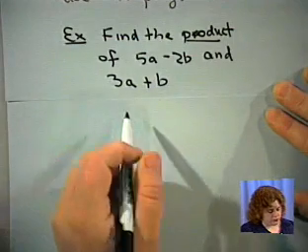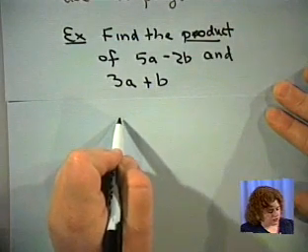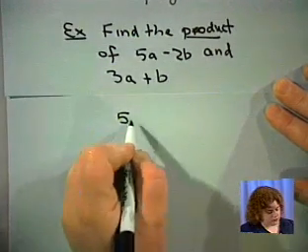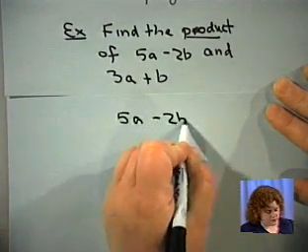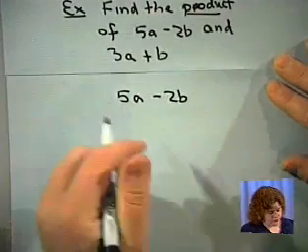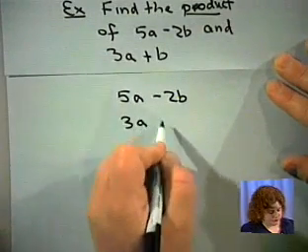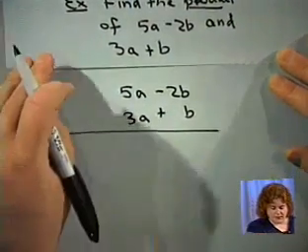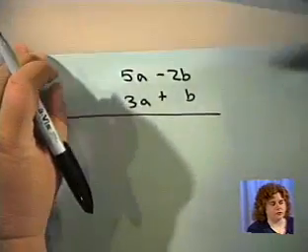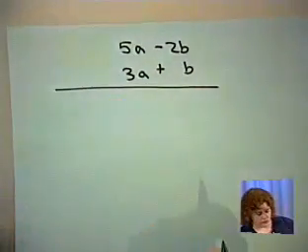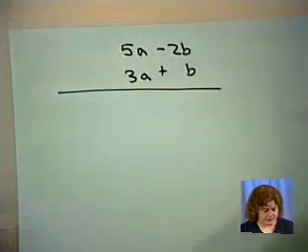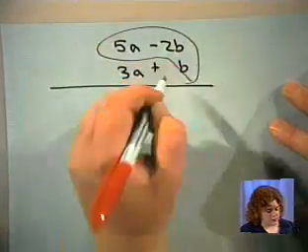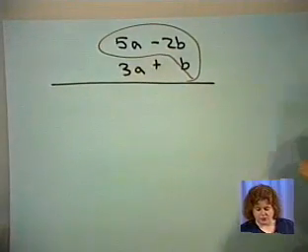Vertically, what we'll do is we'll line these up like we would an ordinary set of 2 or 3 digit numbers. We'll take our 5a minus 2b, and we'll put the 3a plus b right underneath it, and draw a line. And we're going to start with taking this b and multiplying it by the binomial on top, if you will.